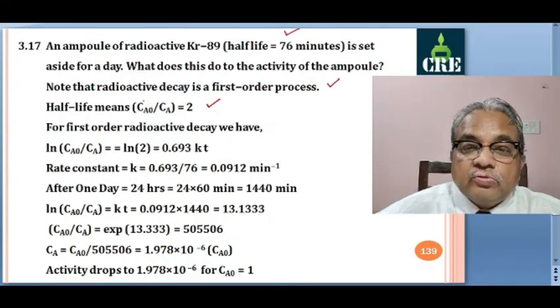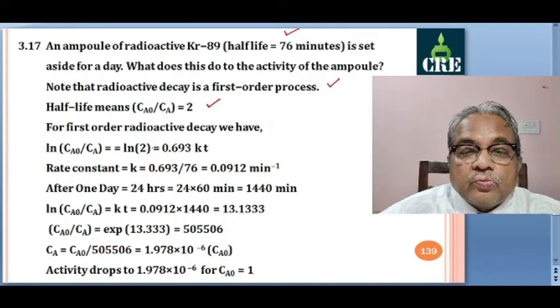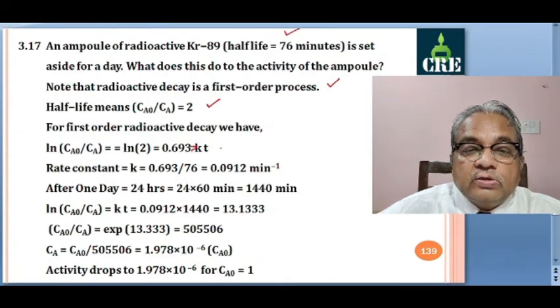Okay, so if you start with say Ca0 is equal to 1, half value is 0.5, so 1 by 0.5 is 2. For first order process, ln of Ca0 by Ca is ln of 2, that is 0.693, and this equal to sign should be there. This is equal to Kt. ln of 2 is 0.693, so ln of Ca0 by Ca is equal to Kt.